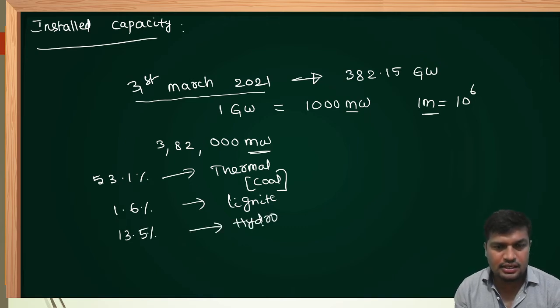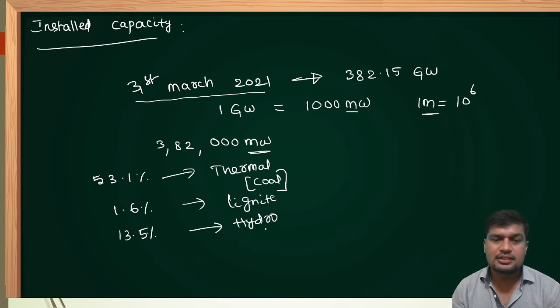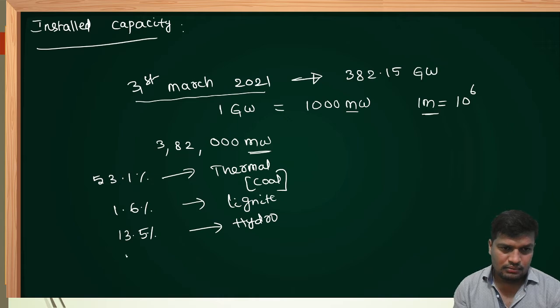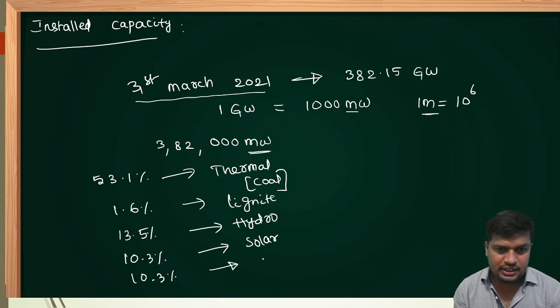You know very clearly, in hydro plants the fuel is water. 10.3% of electrical power we are generating from solar power plants. 10.3% of electrical power we are generating from wind power plants.